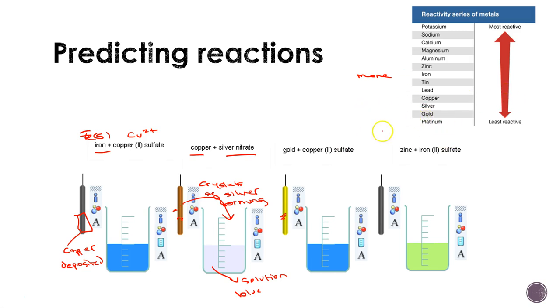I am putting gold into copper solution, so the gold will not be able to displace the copper. In this case, gold is less reactive than the copper ions, so it's not able to force its electrons onto the copper. Copper is more reactive than silver, so it can, and iron is more reactive than copper, so it can. But this one we will see no reaction, because the gold is less reactive than the copper.